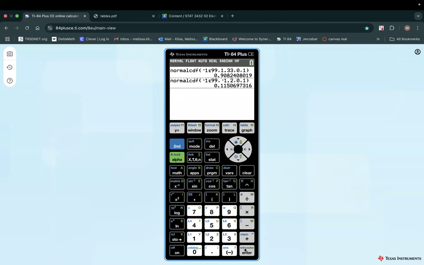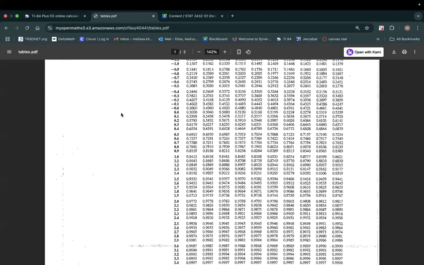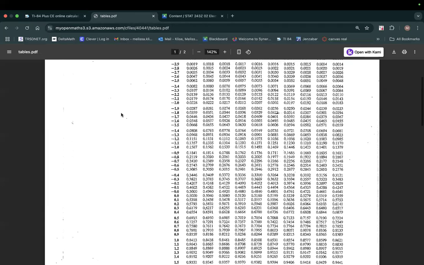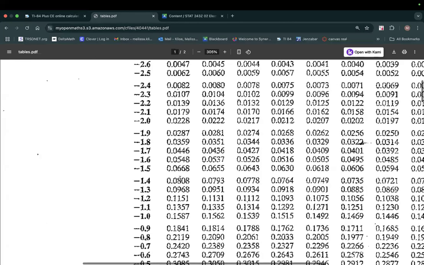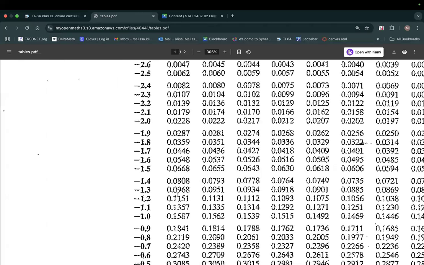Okay. So for greater than, I'm also going to pop over to the table, because we want to look at the z-score of negative 1.2, which is negative 1.20. Here's negative 1.2 right here, and the 0 column is right here. You see that is the same number that we just got on our calculator, 0.1151.